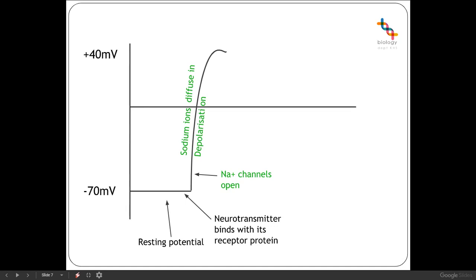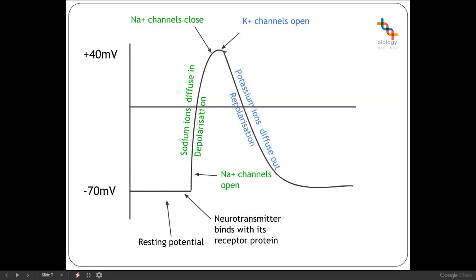Shortly after opening, the sodium channels become inactivated, and we then have voltage-gated potassium channels opening to allow the potassium ions to move out of the cell, and that helps us repolarize the membrane. When the potassium channels close, we then have the sodium-potassium pump working to restore the membrane back to its resting potential.